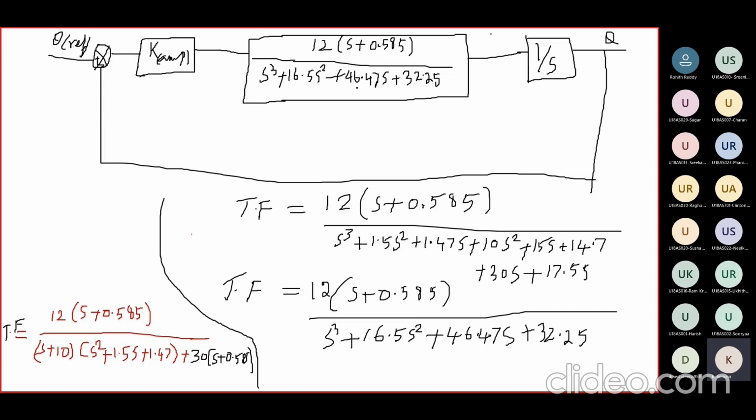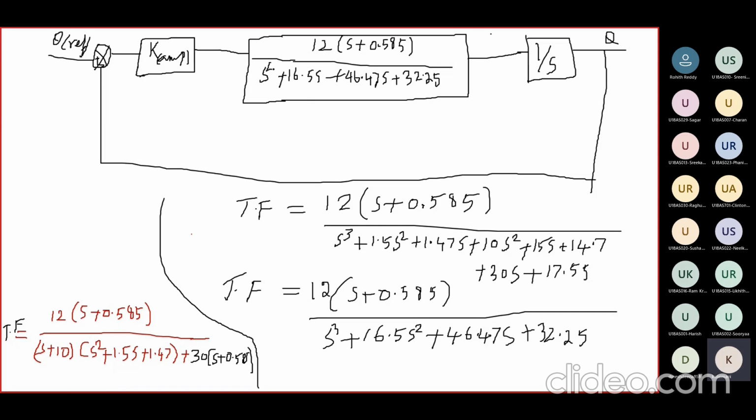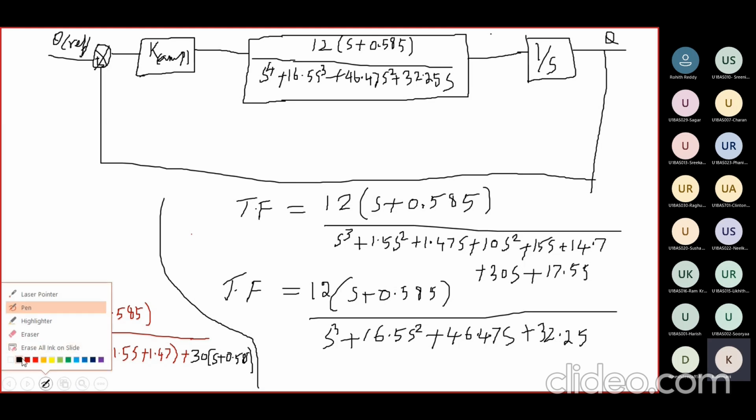If you multiply with 1 by s this block, then this s cube term now it will come to s power 4, then s square term come to s cube, then it is 16.5 s cube, then it is 46.47 s square, then it will be 32.25 s. Now we remove this 1 by s also.